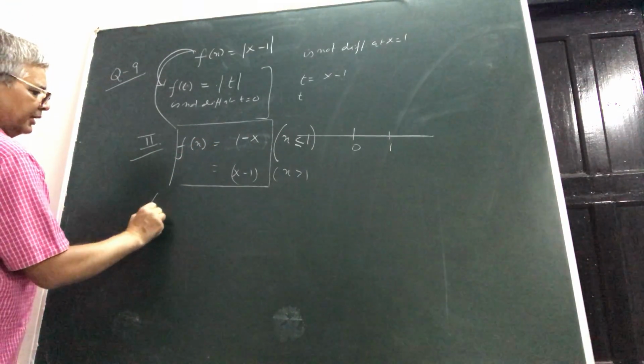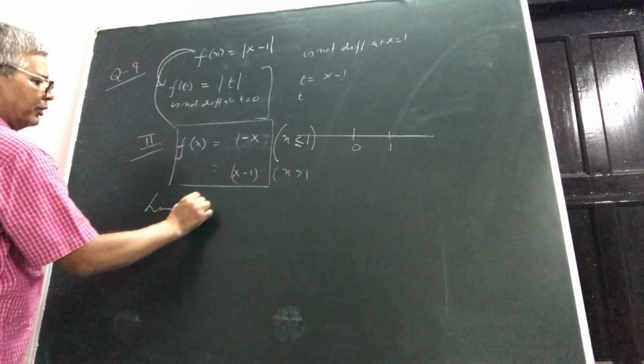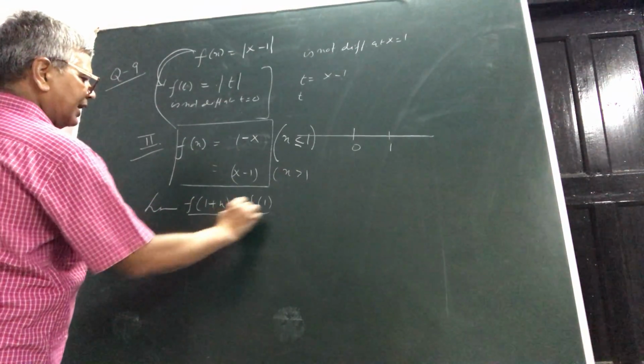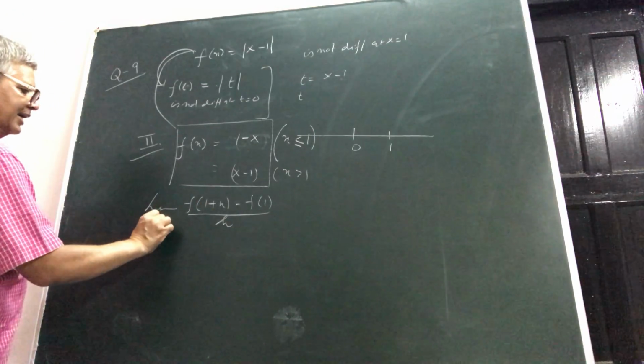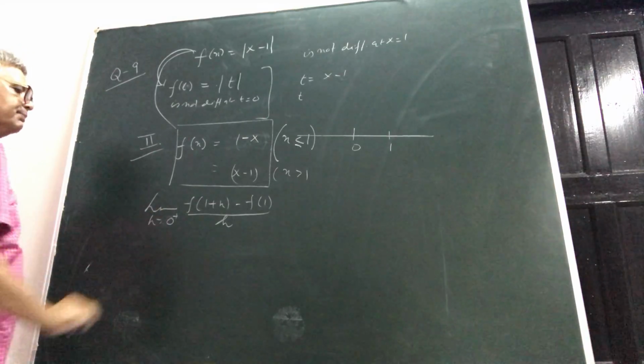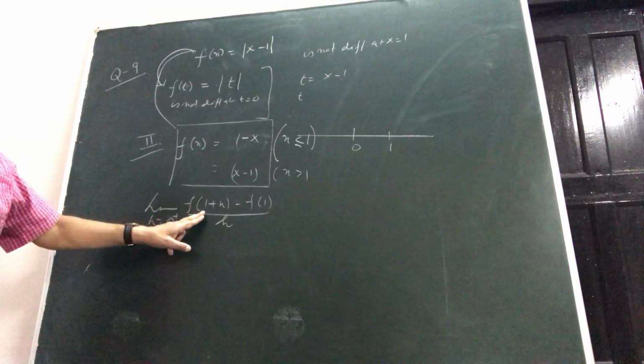Now at 1 you have to show it. So the limit as h tends to 0 plus of [f(1 + h) - f(1)] / h. Now you are on the right side of 1.